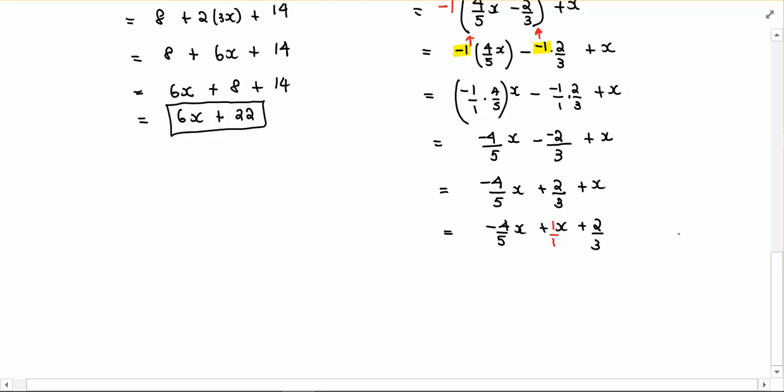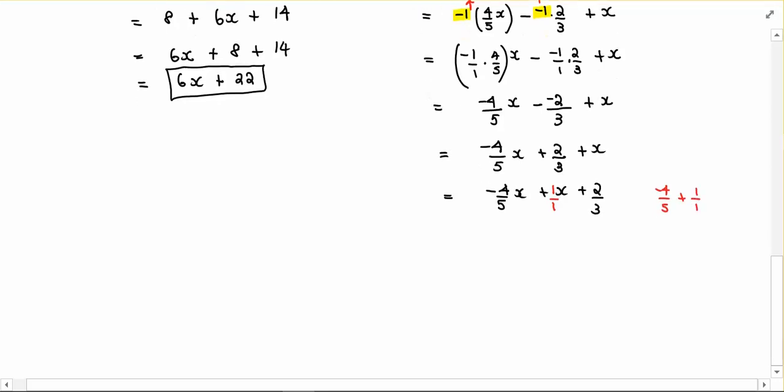So really what we're going to do is add -4/5 to 1/1. So I'm doing this off to the side. I can bring the answer back in, and I hope you remember that when you add or subtract fractions, you need a common denominator. So in this case, the LCD, least common denominator, is going to be 5.